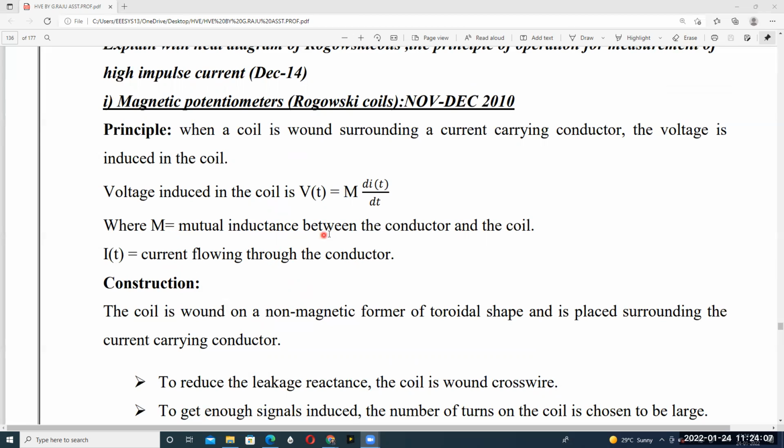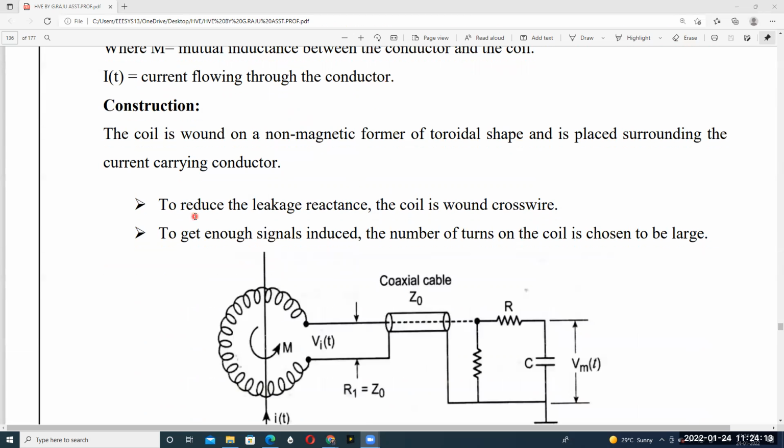Coming to the construction, the coil is wound on a non-magnetic former of toroidal shape and is placed surrounding the current carrying conductor.